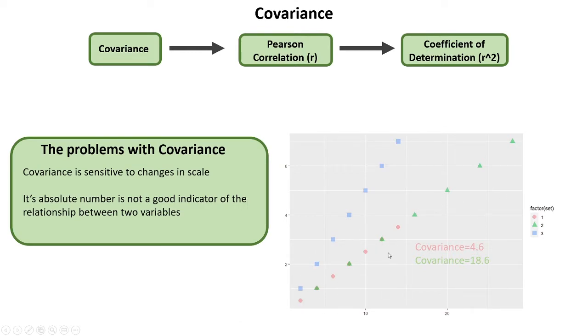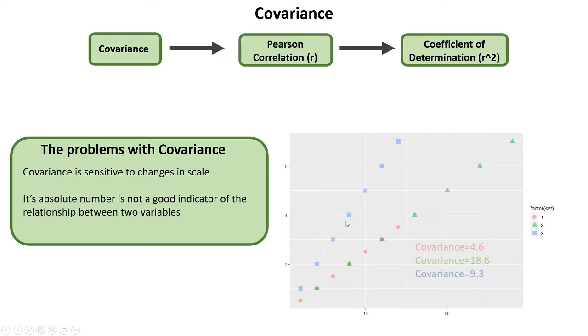They're all still on the same line. Their covariances are very different. 18.6 is much larger than 4.6. This doesn't say anything about how much better they are at being a line. It's just because covariance is dependent on the scale. These numbers are larger, and therefore you have a larger covariance.